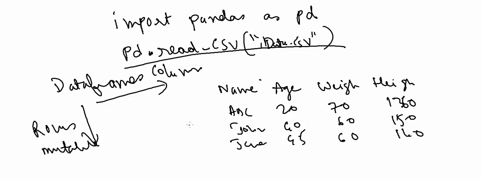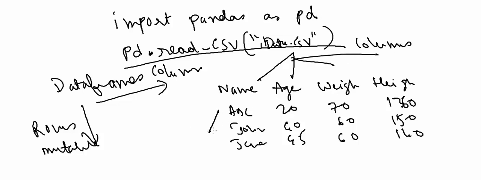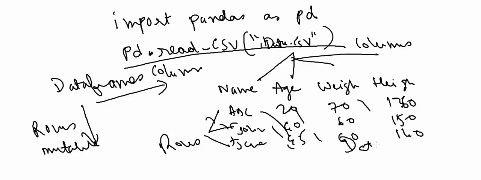So if you see, this is a very simple tabular data structure. So this is a data frame. The main components are the columns. These are the columns which represent the different fields. These are the rows which are the different records, and each of these are data. Clear? So this is the structure of a data frame.